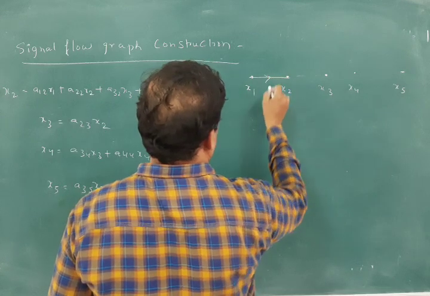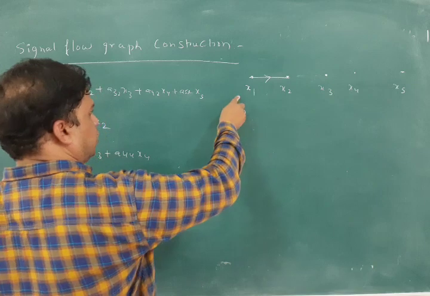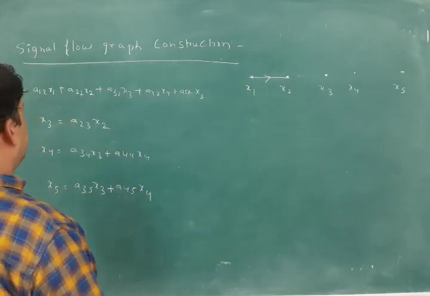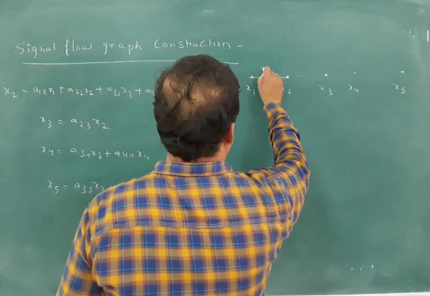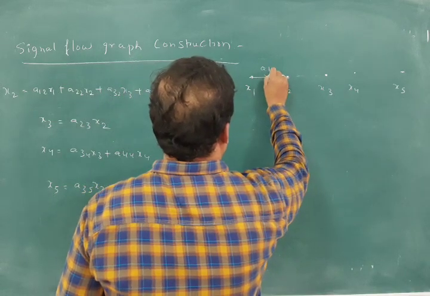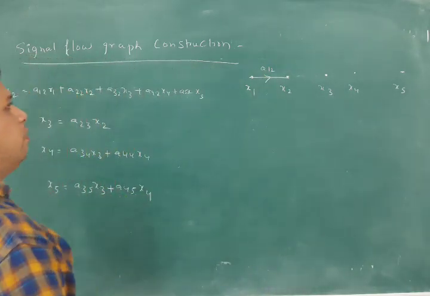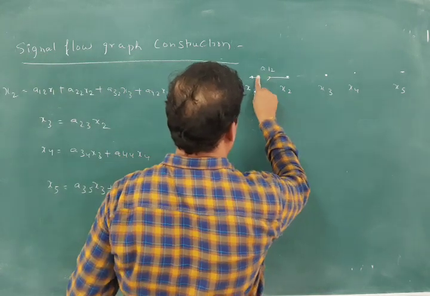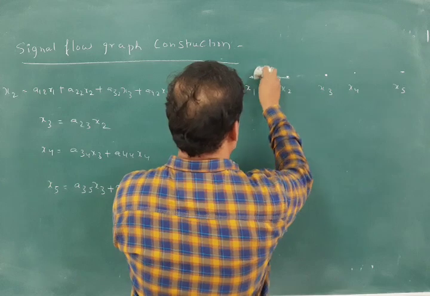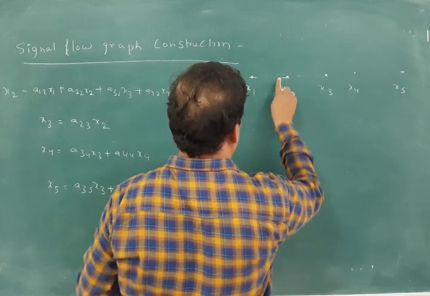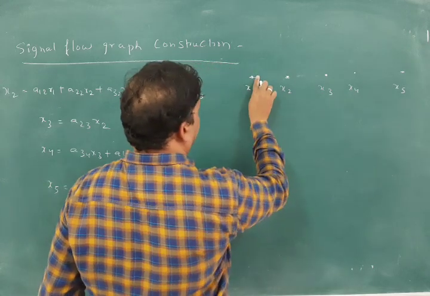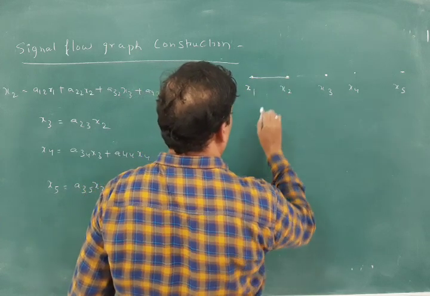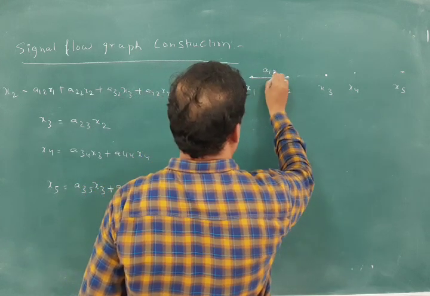we are having this signal flow graph like this, because it is traveling from 1 to 2, A12. It is given as A12. Next, first we will be having nodes, and we will be making a connection, that is A12.